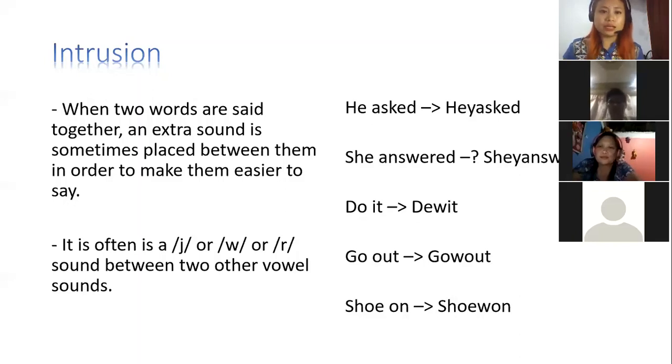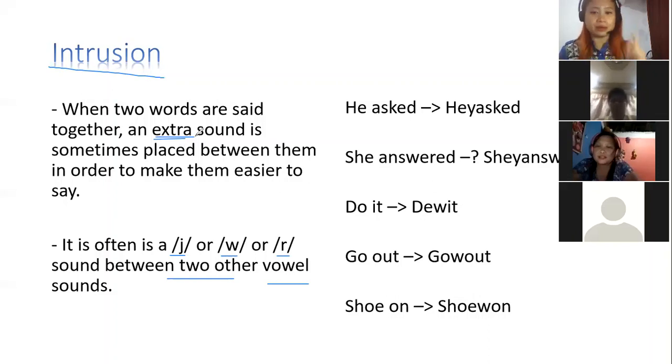So there is an intrusion. A sound is intruding. There is an extra sound that is placed between.